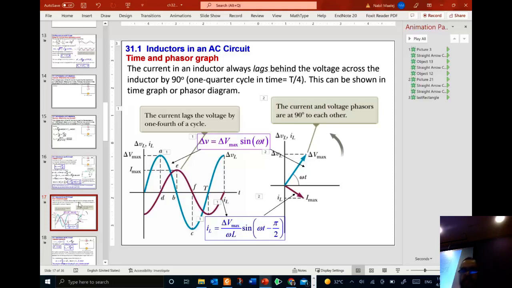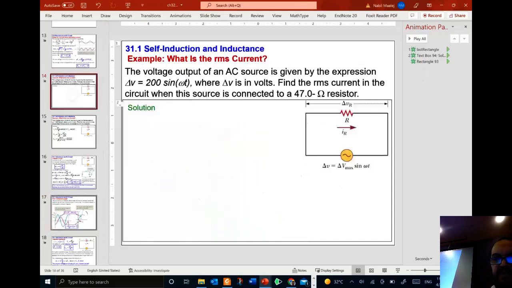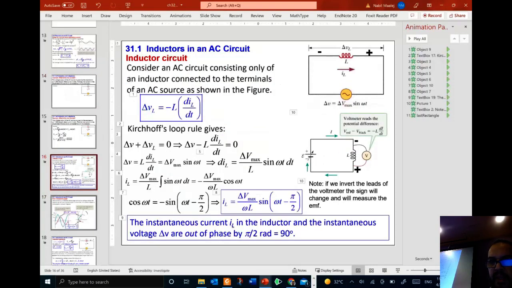So in the Serway case, let's see here. Clearly, here delta V_L is minus delta V, which is at the source.